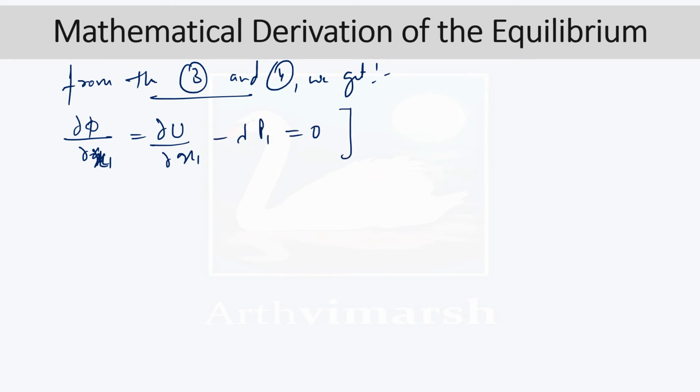Now pay attention here, this can be written as del u upon del x1 equal to lambda p1.